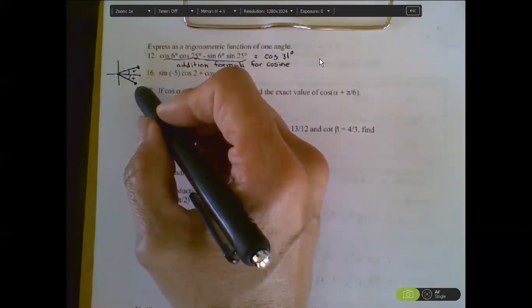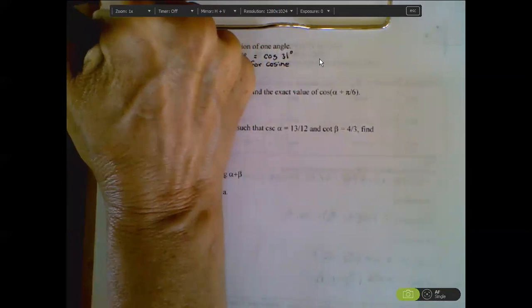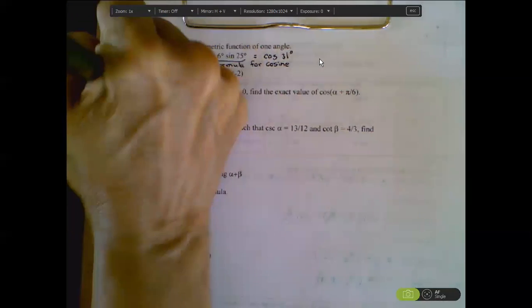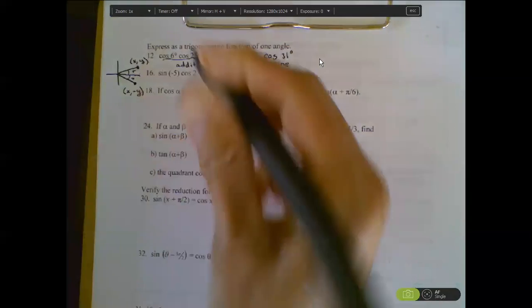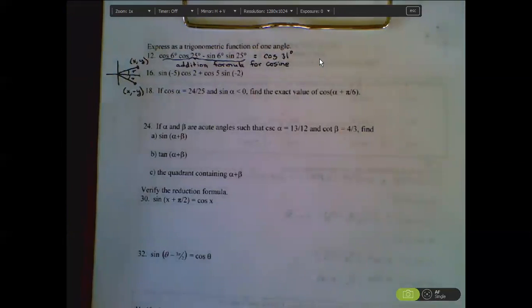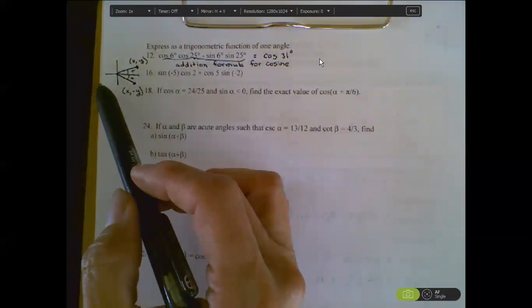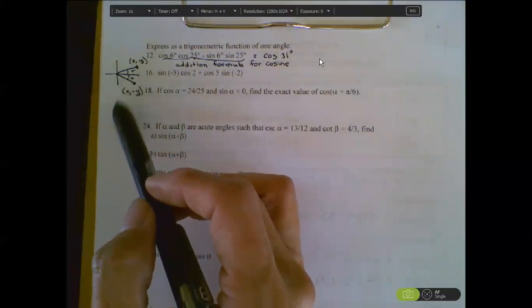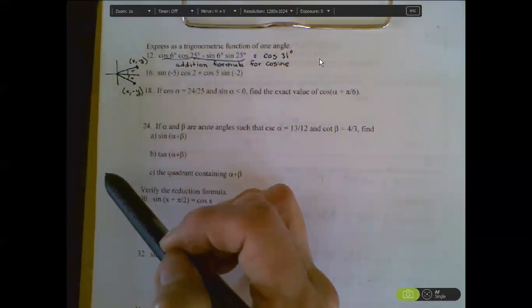The x's. The x's are the same. This might be some x, y, and this would be x, negative y if I'd gone the same distance in the opposite direction. So what stays the same whether you're going clockwise or counterclockwise? Is it sine or cosine that stays the same?